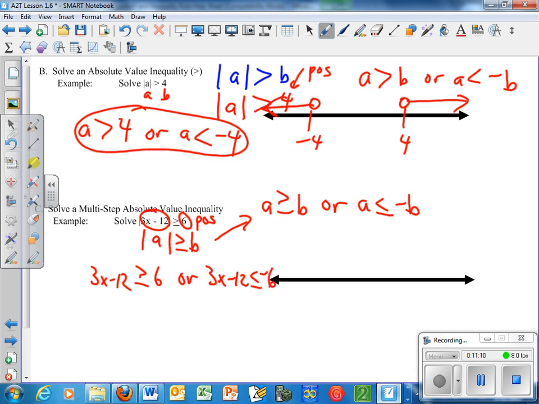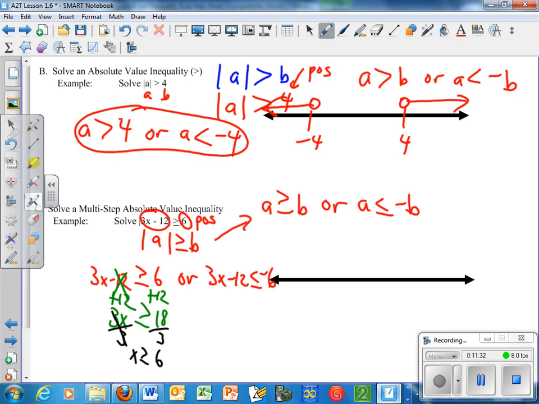Now notice, this is multi-step because we now have to solve for x in each part of the OR, kind of like we did earlier for the compound inequality. So I'm going to add 12 to each side. So 3x is greater than or equal to 18. Then I'm going to divide by 3. My next step, x is greater than or equal to 6.